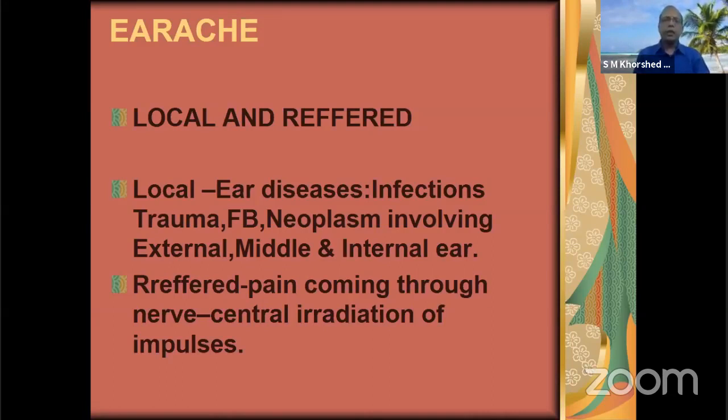Pain is called referred whenever a part of the nerve distribution is affected and the pain is felt in other regions of the nerve distribution. It happens by central irradiation of impulses at the level of the nucleus. When the impulse goes to the nucleus of the nerve, the impulse is diffused to the other nerve cells, so pain is felt in the other regions. This is called referred pain.